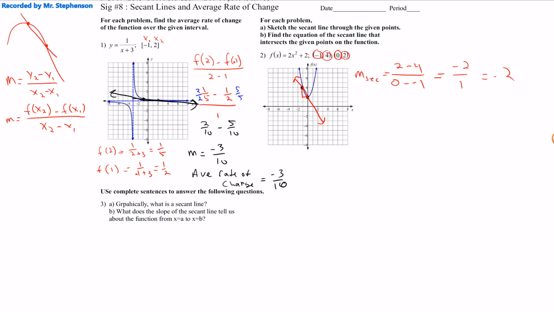This problem does say find the equation of the secant line, which means I need to use, let's change this, let's use this one: f of a equals m times x minus a, right? I need to write this equation. We know f of a is simply my y coordinate. Let's use the first point, so that's going to be y minus 4 equals m, which we got was negative 2, times x minus my first x coordinate, which is negative 1.